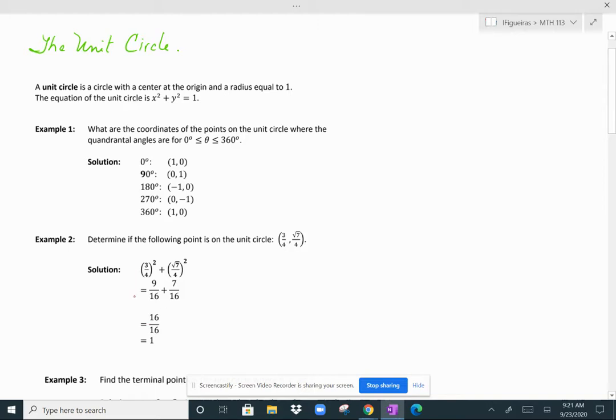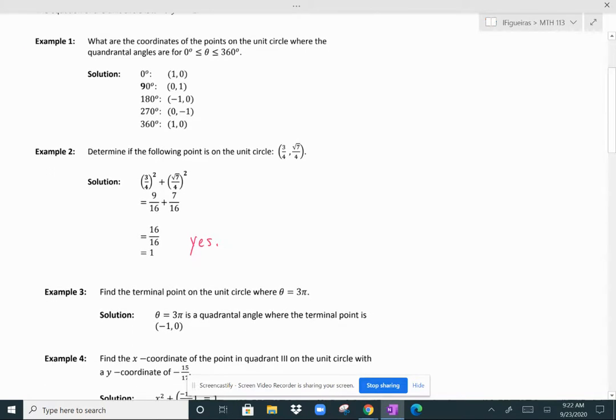So 3/4 squared is 9/16. Root 7 over 4 squared is 7/16. Numerator is 16, so 16 over 16 equals 1. So your answer is yes, that this point is on the unit circle.